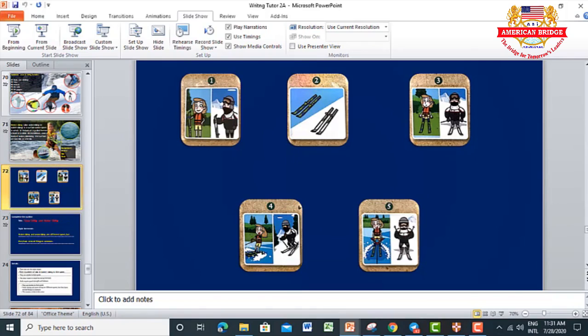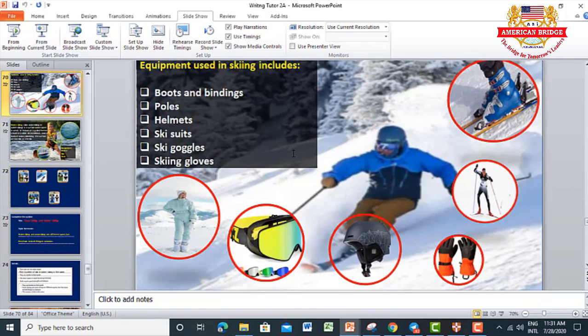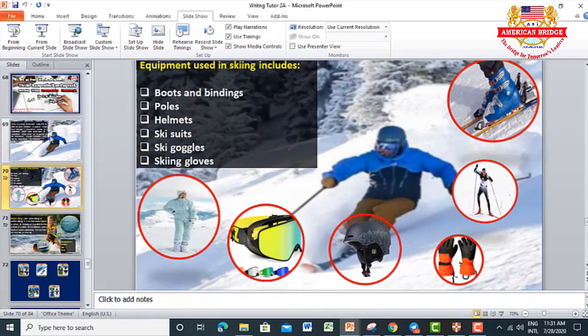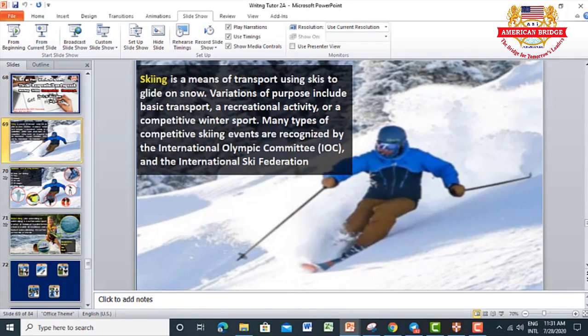So as well, you have learned about the two sports here, skiing and water skiing. How is it different or how is it the same? From the lesson, you have learned about things in common, meaning things that are similar to each other in the two types of games. Let's look here, everyone.